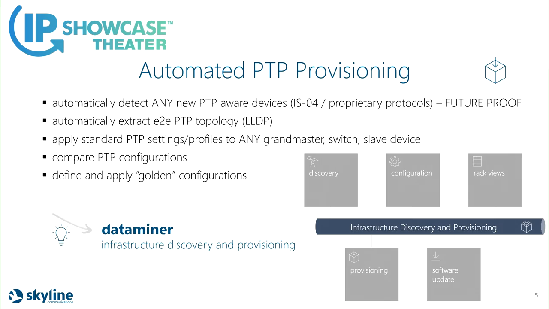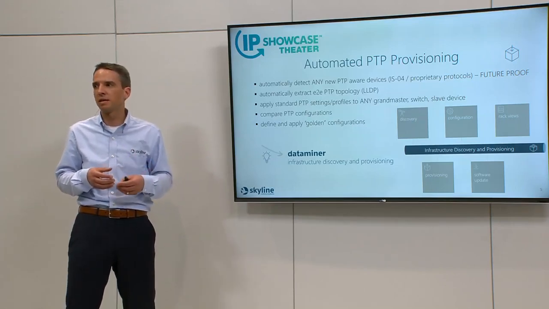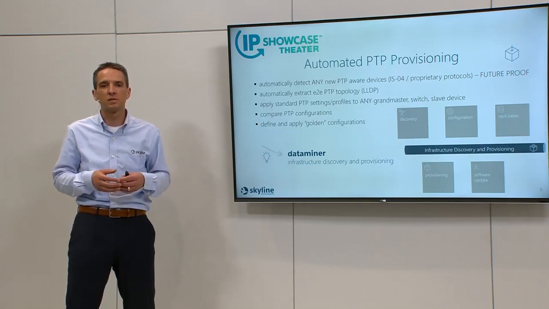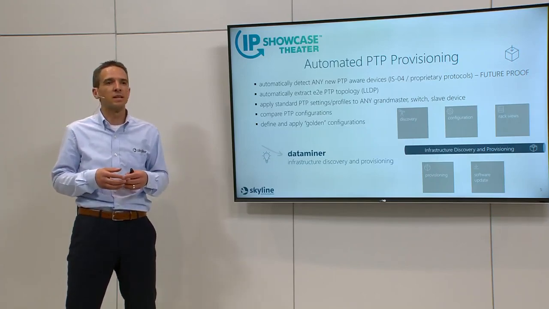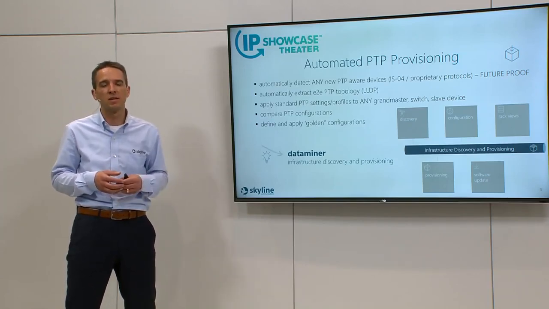Another topic, when you have two grandmasters, 90% of the values might be just the same, but a couple of those values, like the priorities, are different. You have to make sure to compare those as well, just to see if the setup is okay, if you have done it correctly. Otherwise, you would only find out that something went wrong when a PTP grandmaster takes over and you have a failover situation.